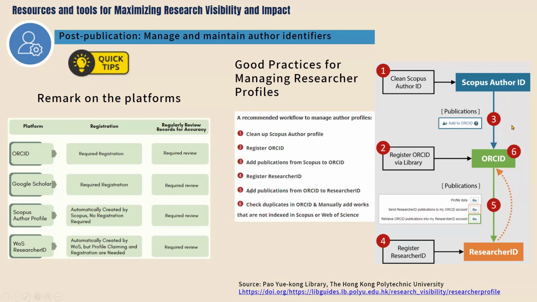Then register for ResearcherID, and add the publications from Scopus to ResearcherID. Check for duplicates in Scopus and manually add the works that are not indexed in Scopus and Web of Science. Following these steps will help streamline the management of your author profile and save time in the long run.